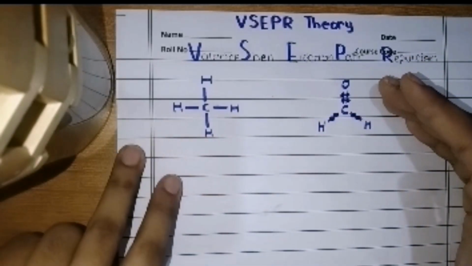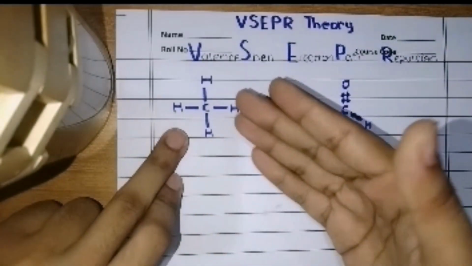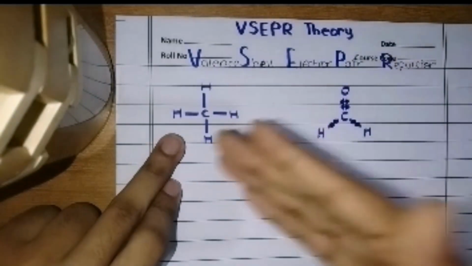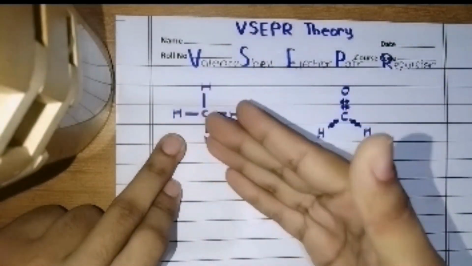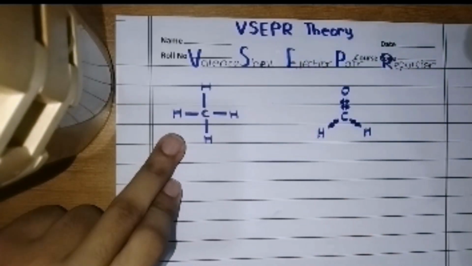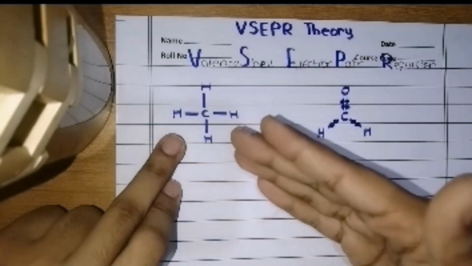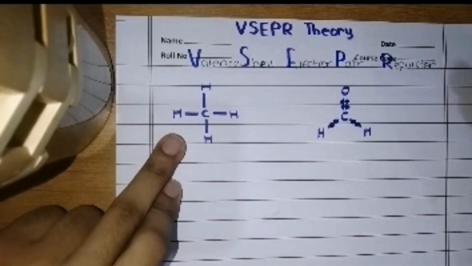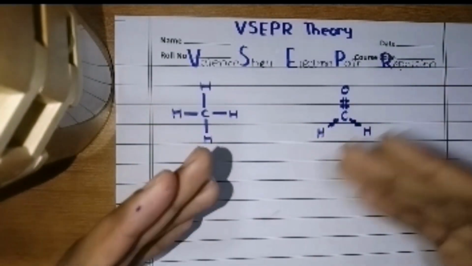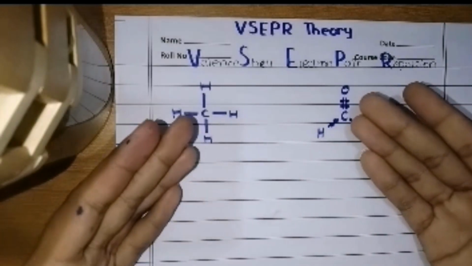Similarly, we have this molecule here. It would have four hydrogens, and these four hydrogens will push each other, repel each other as far as possible, and the maximum bond angle would be shown in the molecules.